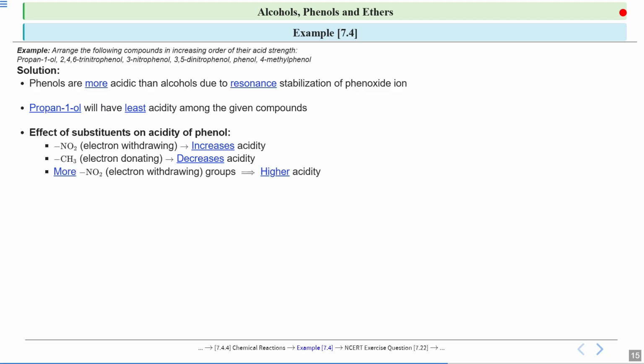And if there is only one NO2 group, and if there are two NO2 groups, so if the NO2 groups increase, your acidity will also increase, because the more electron withdrawing groups there are, the more they will withdraw the electron density. The more they withdraw the electron density, the lesser will be the electron density on oxygen, and the more that oxygen will withdraw the density from that hydrogen, making the OH bond more and more polar.